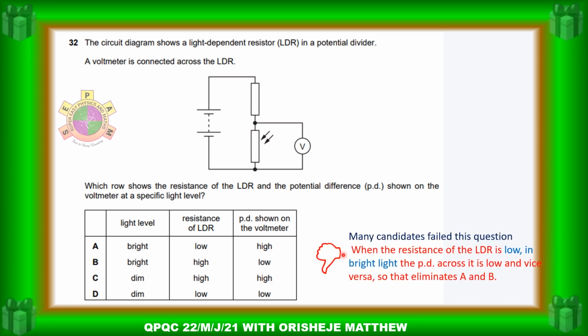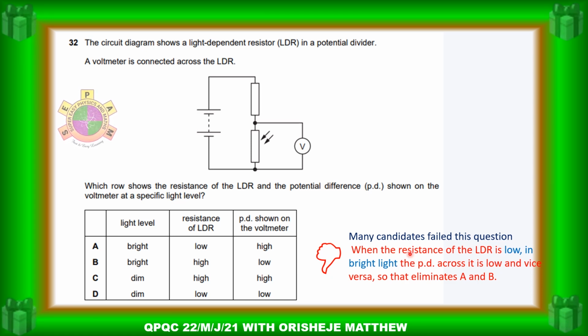Many candidates fail this question because the resistance of the light dependent resistor is low in bright light, and then the potential difference across it is low. Once the resistance reduces, then the PD also reduces.